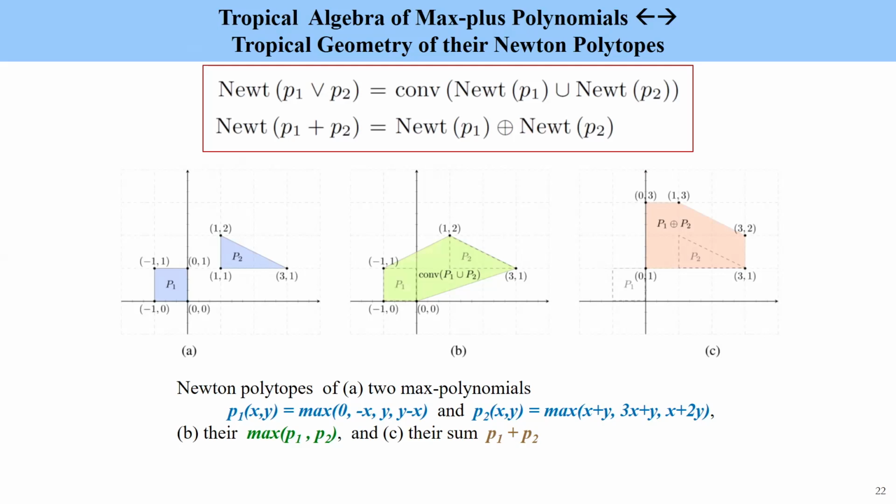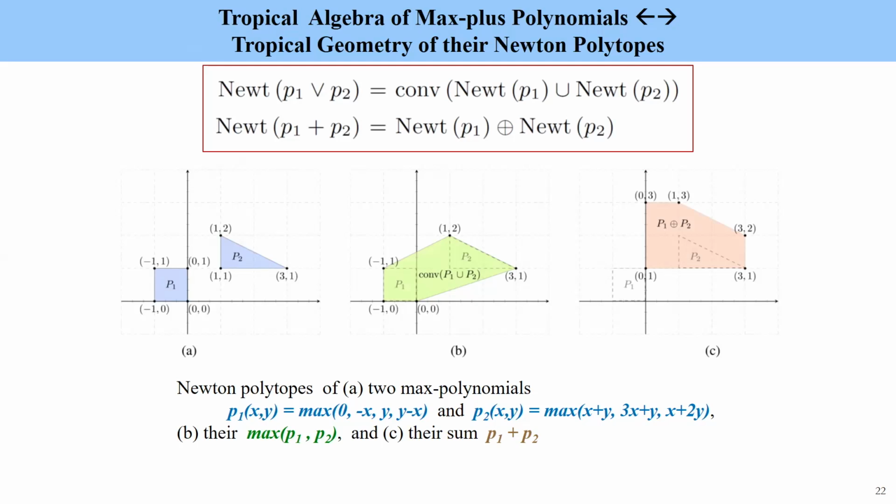And more useful for us will be the second operation if we sum. Why sum? Because in neural networks, we sum the outputs of several nodes, and every node, let's say, will correspond to a Newton polytope. So we sum the outputs. What happens to the Newton polytope?